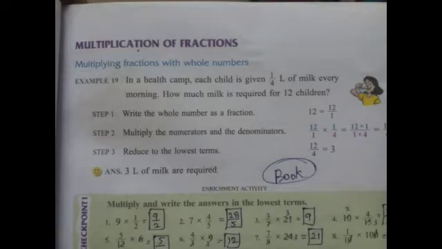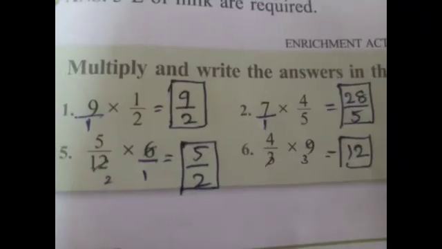Let me explain the sums now. Page number 67, we have an enrichment activity, the checkpoint. Multiply and write your answer in the lowest term. We can write it in the book itself, children. First one is 9 multiplied by 1/2.